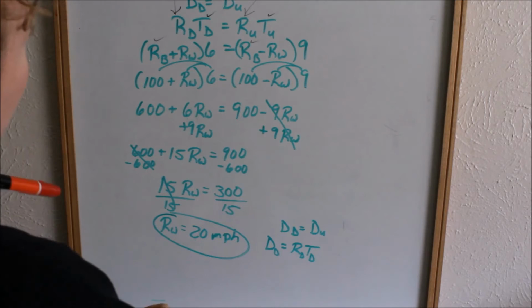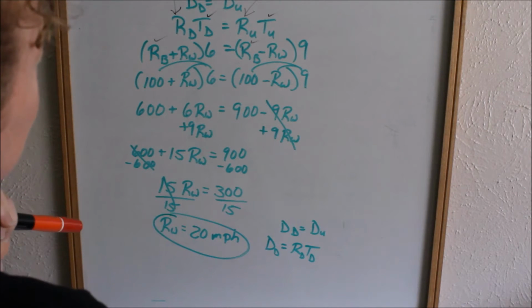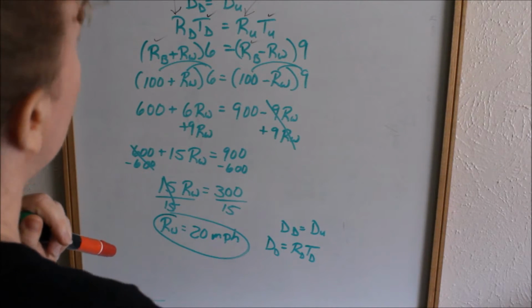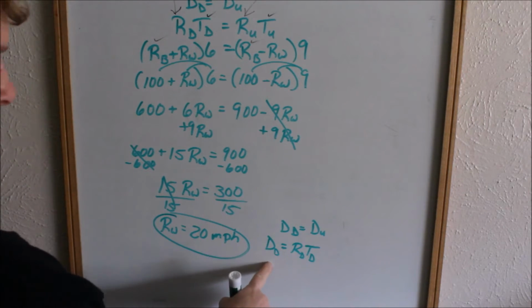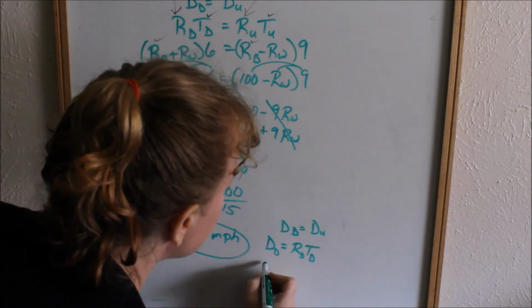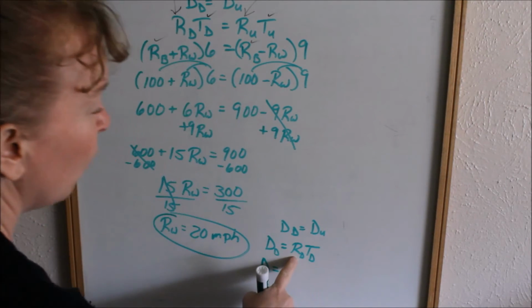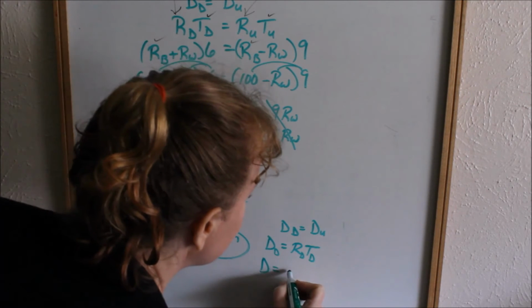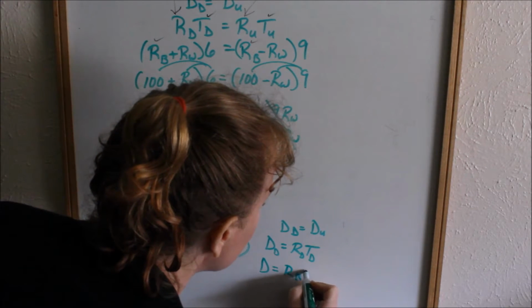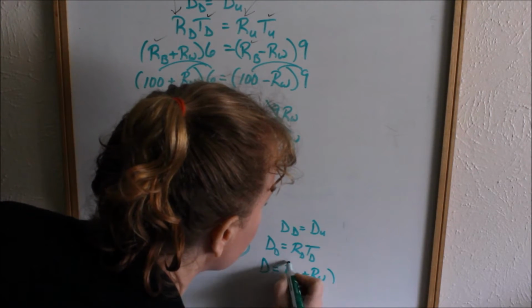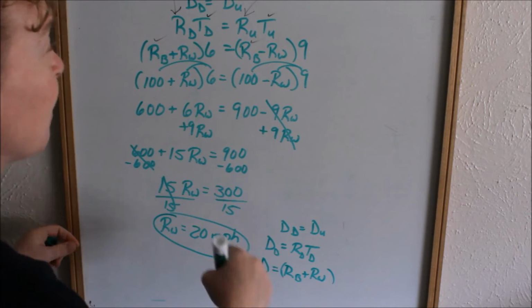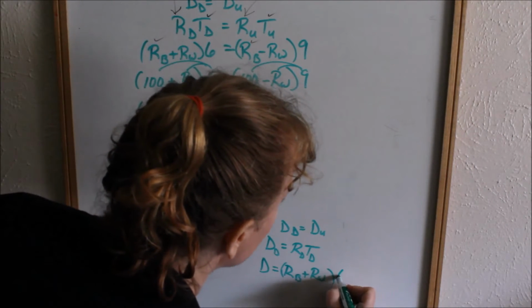So I have to go back to here. So distance equals, what is the rate of downstream? Rate of downstream is the rate of the boat plus the rate of the water times the time of downstream, which was 6.